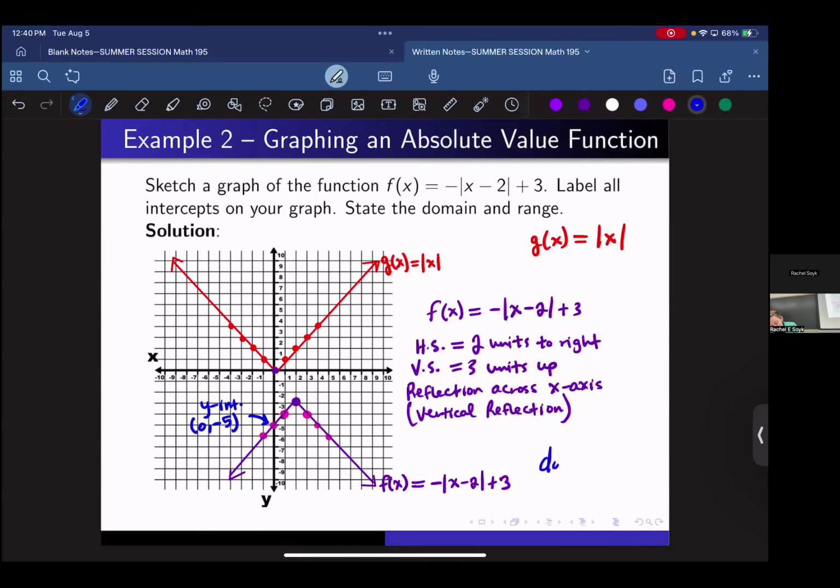And then our domain, what's our domain? Any restrictions? Nope, so it's gonna be all real numbers, -infinity to +infinity. What about our range? Yeah, exactly. We have -infinity to -3 hard bracket. And we're done.